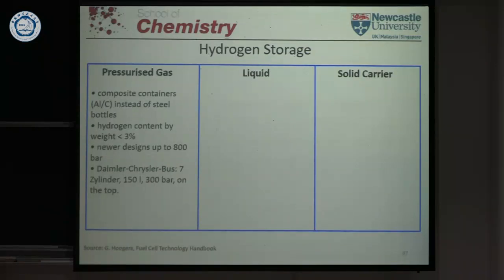And this gave you a range of about 250 kilometers, which is quite reasonable for a bus to be used in, let's say, urban transport. 200, 250 kilometers is about what a bus drives every day. And so you would be able to sustain just a daily cycle with this kind of storage devices.